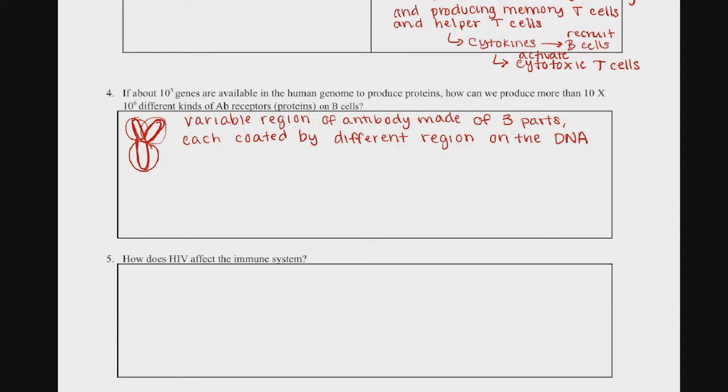The DNA segments for the 3 separate parts of each variable region can undergo random recombination in the production of B cells.